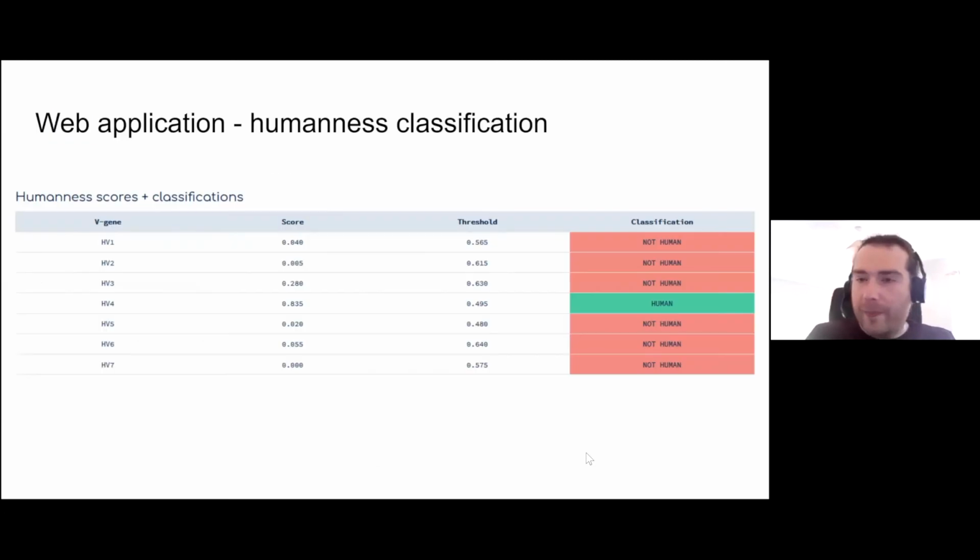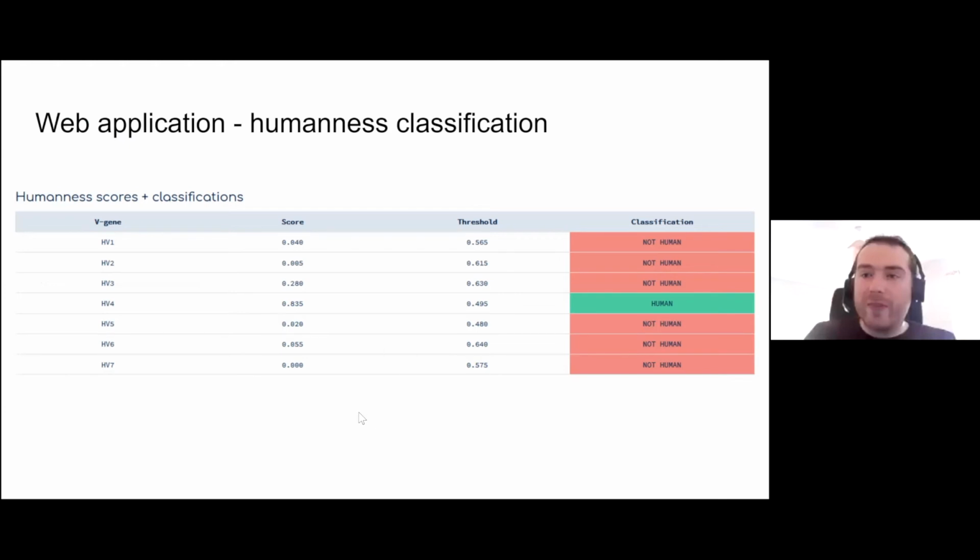Next slide, please. Thank you, Matt. So as with everything, the link to HuMab is in your cheat sheet. You're going to have an opportunity to play with this in just a minute, but just to give you an idea of what HuMab is actually going to generate as output.